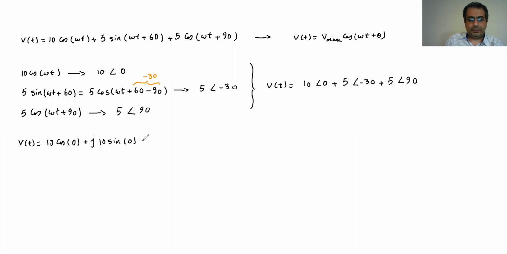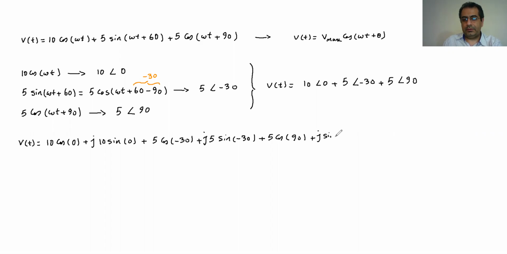Then the second term is going to be 5 cosine negative 30 plus j 5 sine negative 30. And the third term is going to be 5 cosine 90 plus j 5 sine 90.